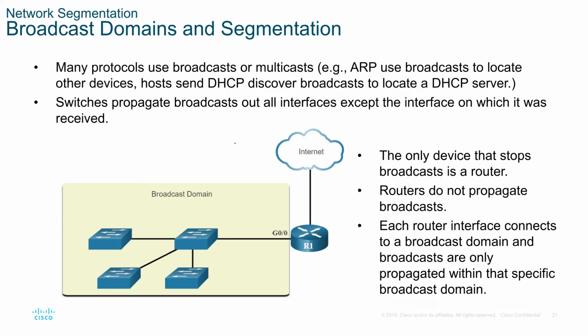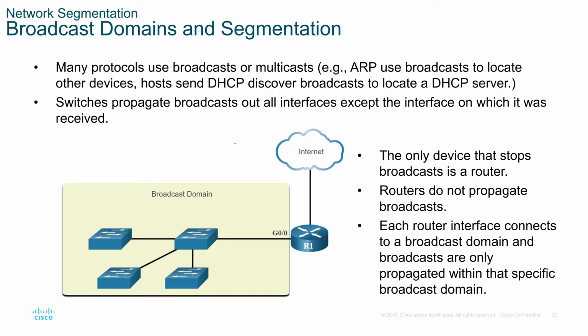How many host computers worldwide are turning on at this instant in time requesting a DHCP address? If that broadcast were to go to everyone in the world, no one would ever be able to get onto the internet or exchange data.